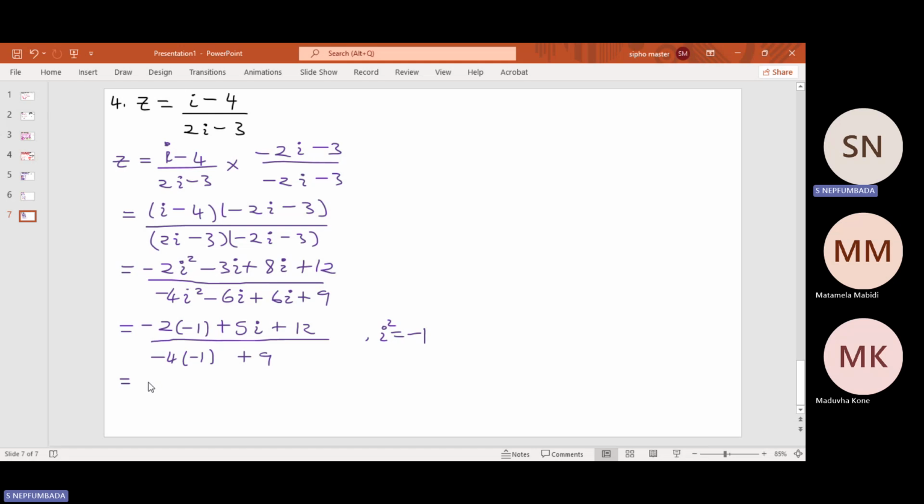Then when we group it, we're going to have 14 plus 5i divided by what? By 13. We're good. Then this is nothing but going to be equal to 14 over 13.